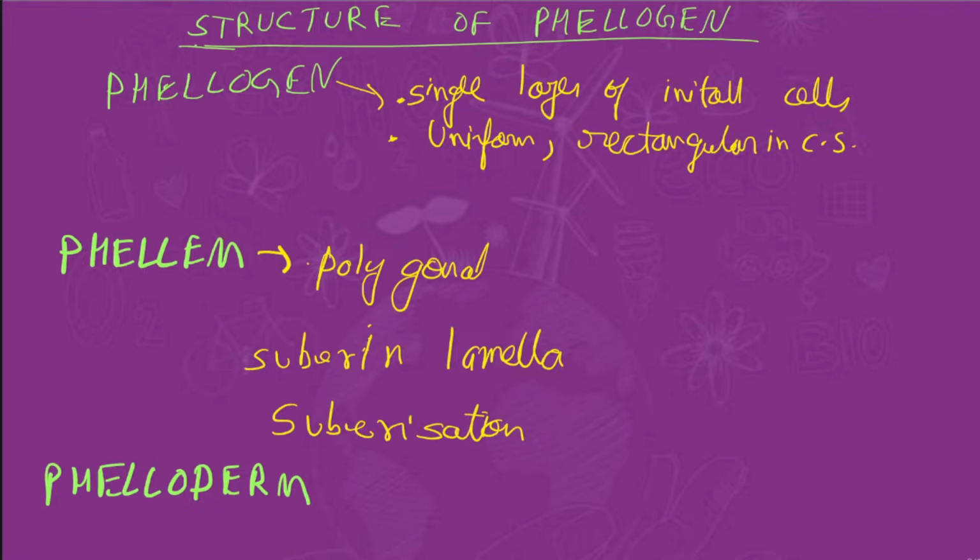They are similar to the parenchyma cells of the cortex, but if the phelloderm is multicellular, they are usually arranged in radial rows. In some plants the phelloderm cells have chloroplasts and are photosynthetic.